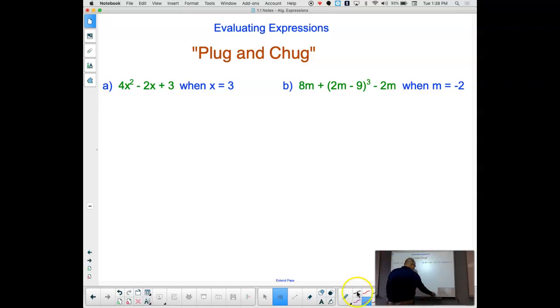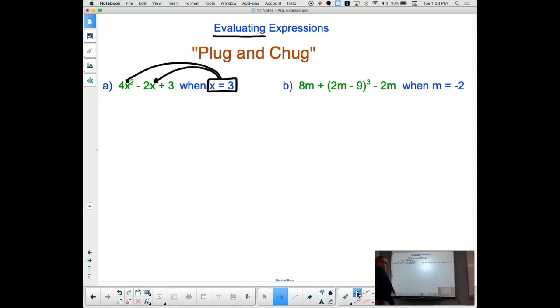Evaluating expressions, common term here, evaluating expressions, not solving. Evaluating is different than solving. So evaluating says that you are going to take this value, what x is equal to, and you are going to replace it anywhere in the expression that it is.